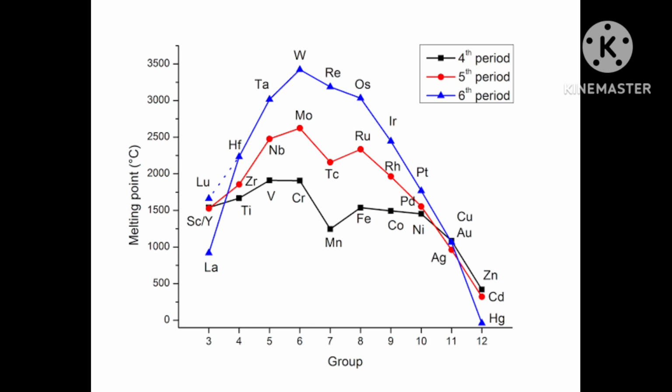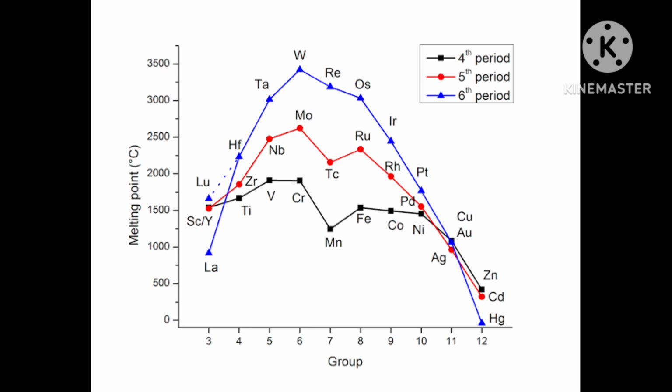Although the first ionization enthalpy in general increases, the magnitude of the increase in the second and third ionization enthalpies for the successive elements in general is much higher. Okay, meaning second and third is much higher in comparison to the first.